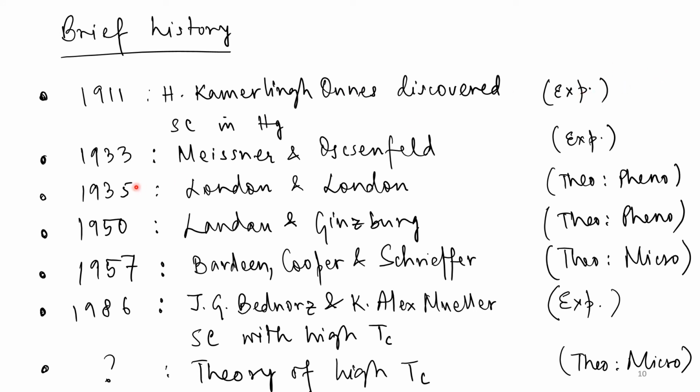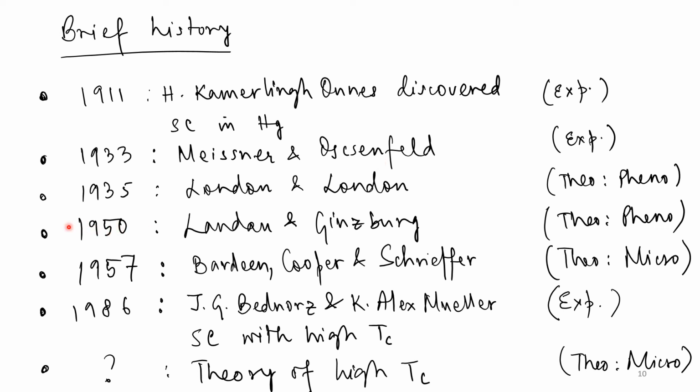So this was experiment. In 1933, Meissner and Ochsenfeld discovered the Meissner effect, which was also experimental. And then soon thereafter, in 1935, London and London, from the same family, gave the first theory, which was a phenomenological theory. We'll do it shortly, to explain these two together, why resistance can go to 0 and there can be this complete screening of magnetic field.